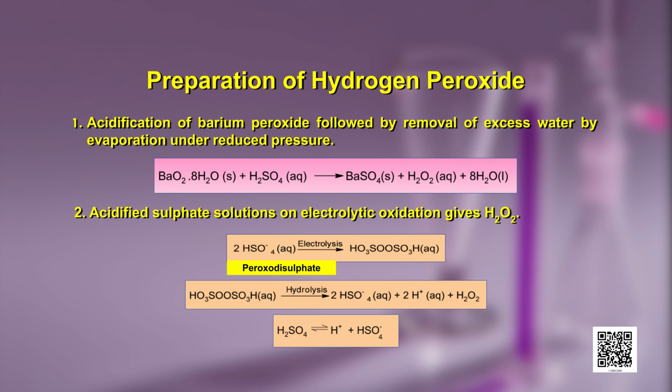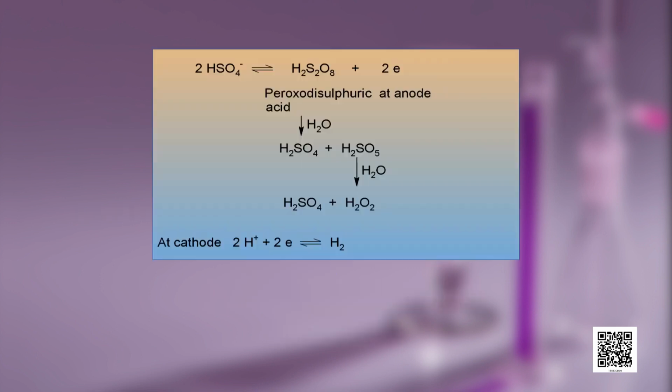The detailed reaction is as follows: H2SO4 is in equilibrium with H⁺ ions and HSO4⁻ ions. These HSO4⁻ ions further react, again in an equilibrium reaction, to give us H2S2O8, which is peroxodisulfuric acid, plus 2 electrons at the anode.